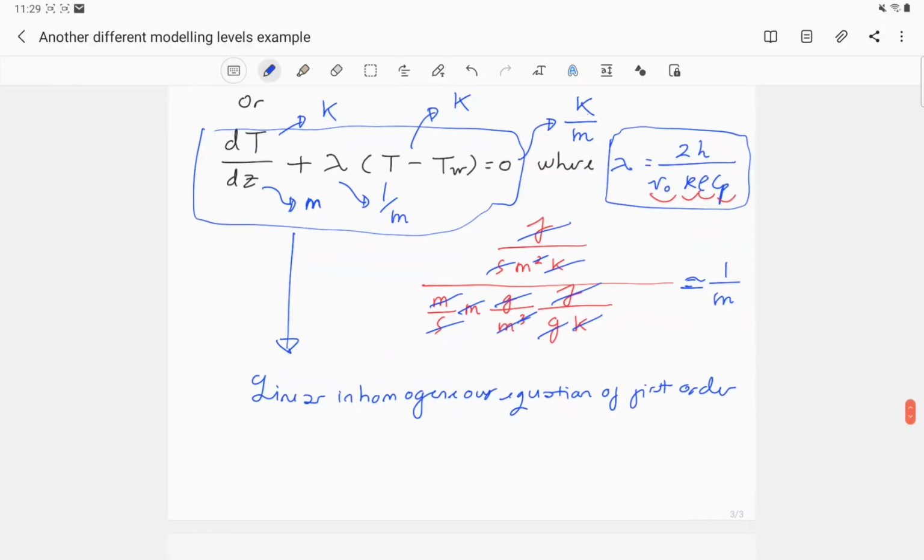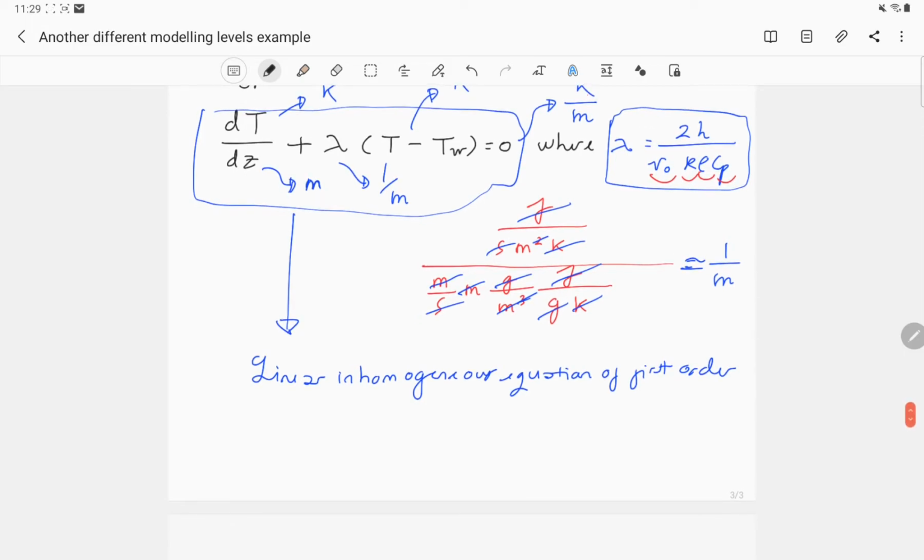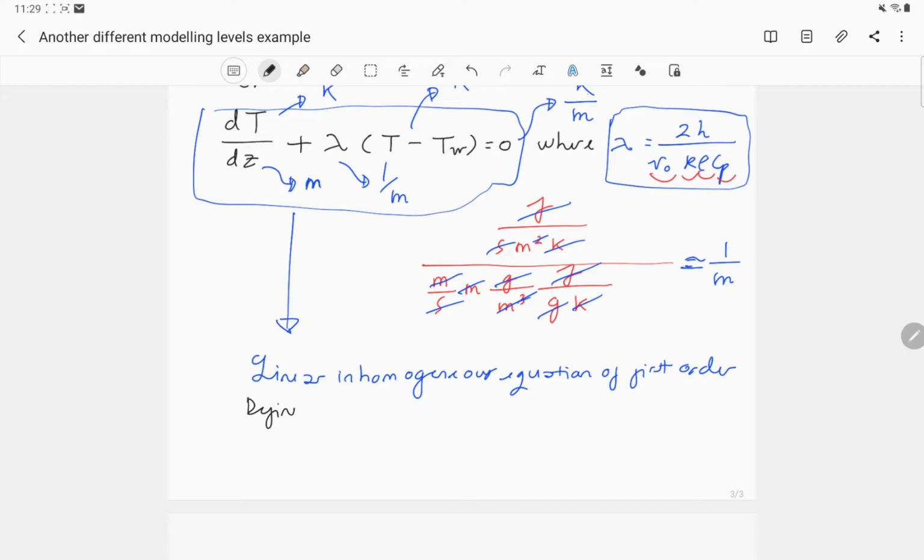Okay, so in this video we continue again the derivations to get the final solution. So we end up with the linear inhomogeneous equation of first order. So we can simply define a new variable.